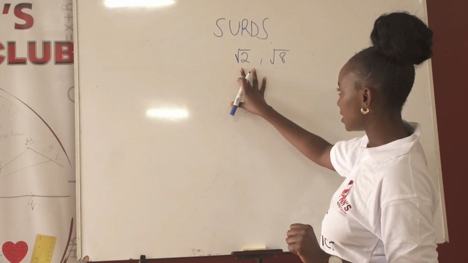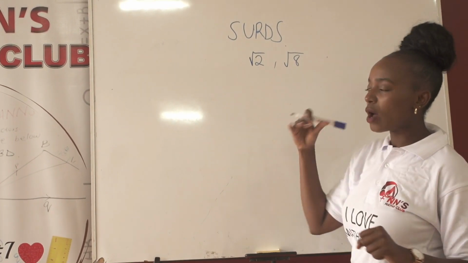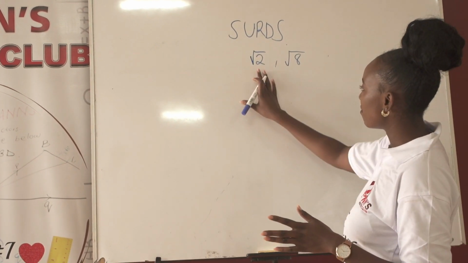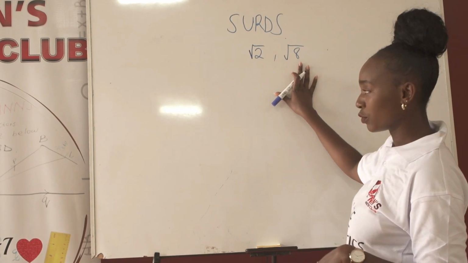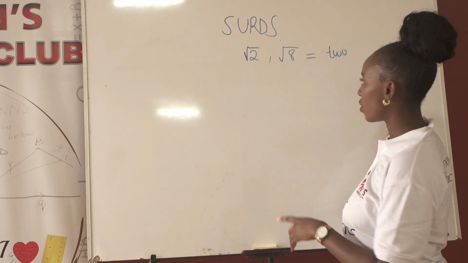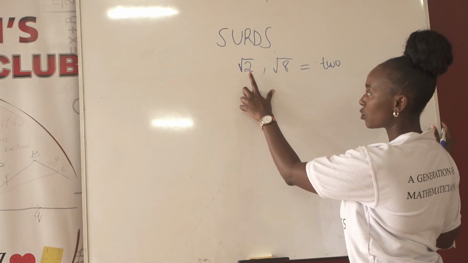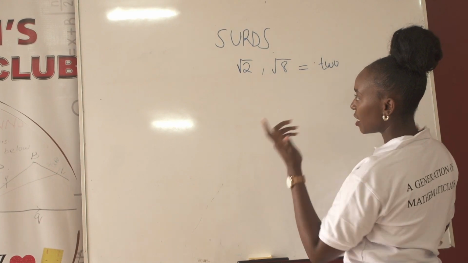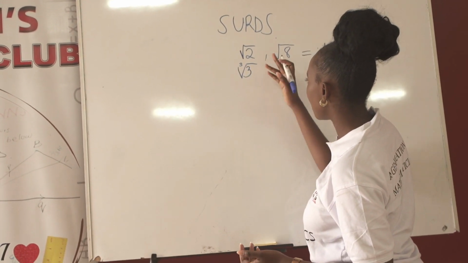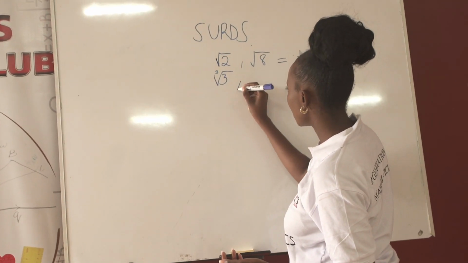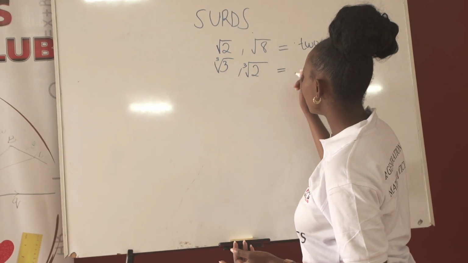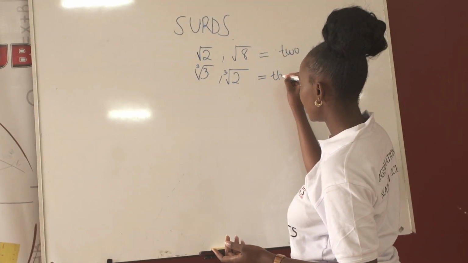So this is just an introduction. Next I'm going to take you into the order of Surds. For example, we have the root of 2 and the root of 8. These are of order 2. And why do we say order 2? Because it's the square root of 2, square root of 8. If it was the cube root of 2, we can say these are of order 3, okay?